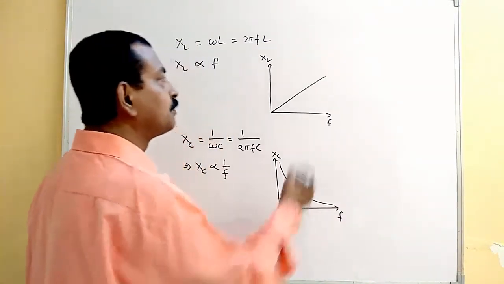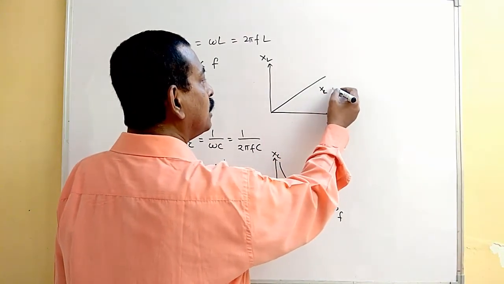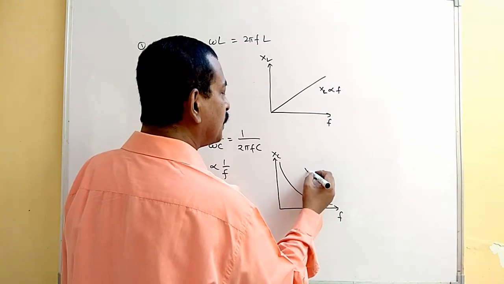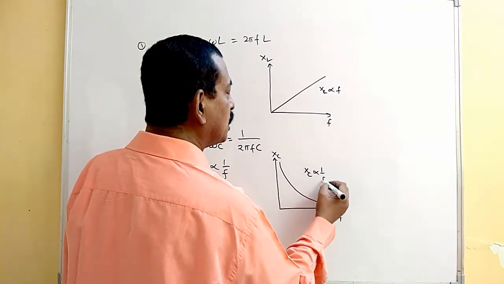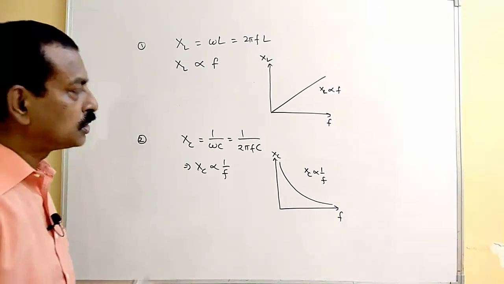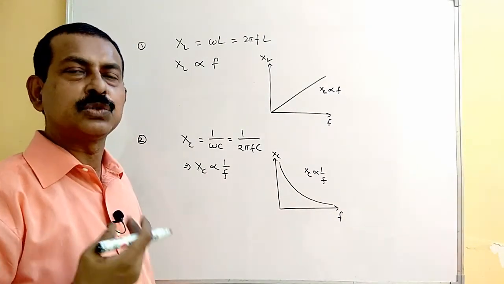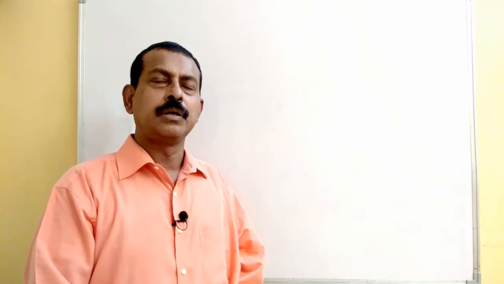So the graph will be like this. Here XL is directly proportional to F, and here XC is inversely proportional to F. So this is the plot of inductive reactance and capacitive reactance with frequency.